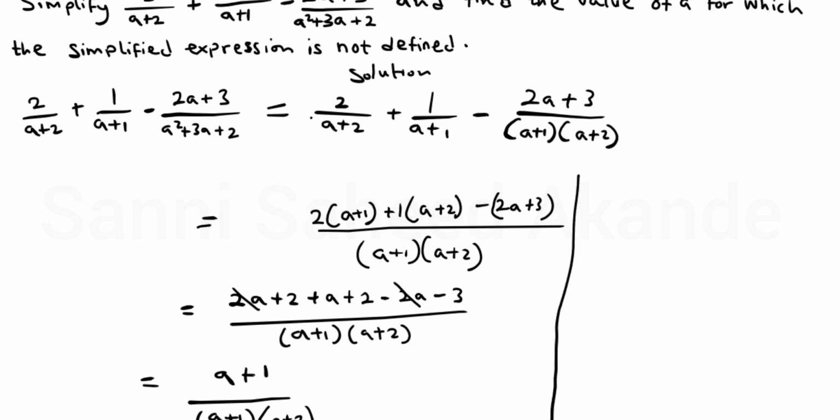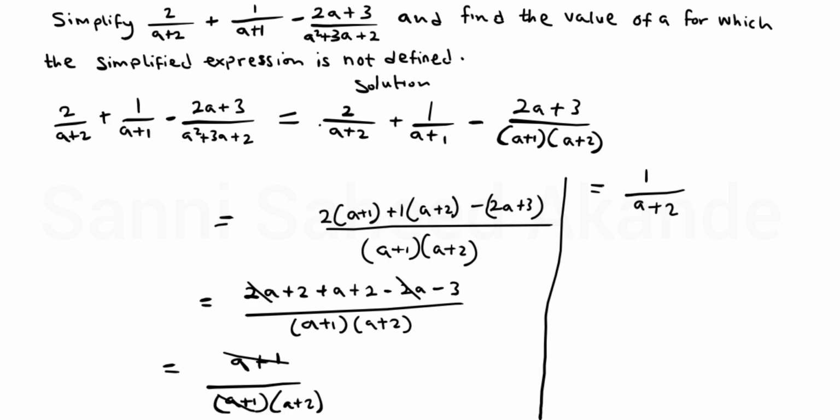This a plus 1 will cancel this a plus 1, so we are now left with 1 over a plus 2. Understood? Now they ask us to find the value of a for which the simplified expression is not defined. So this is the simplified expression, and it will not be defined when a plus 2, the denominator, is set equal to 0, like we have been doing before.